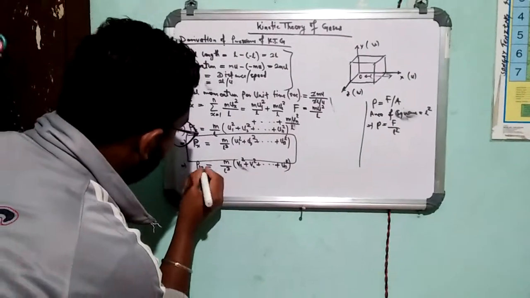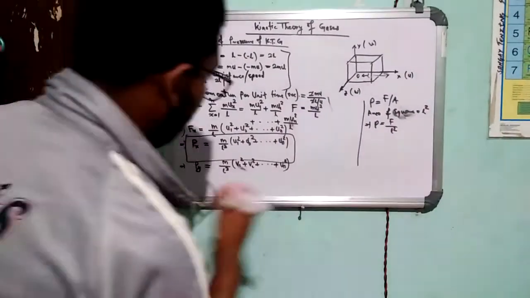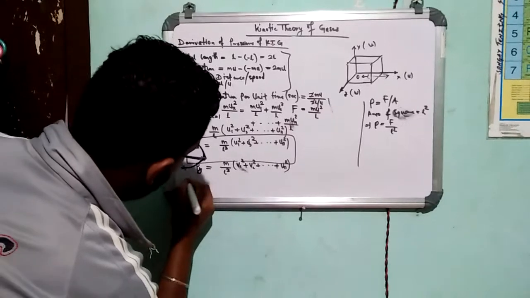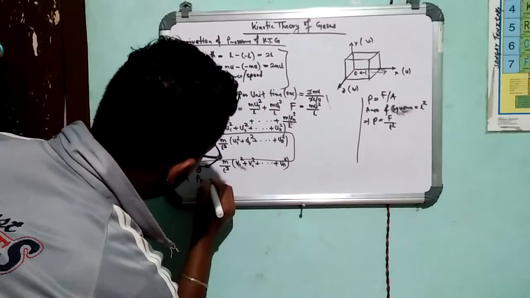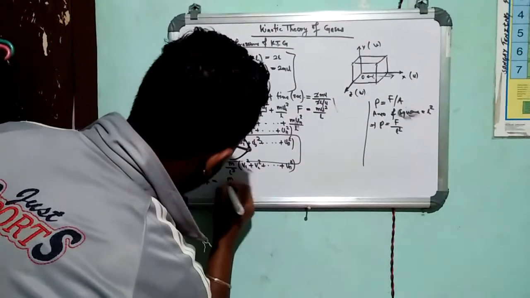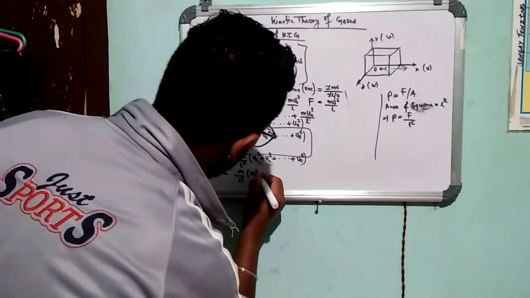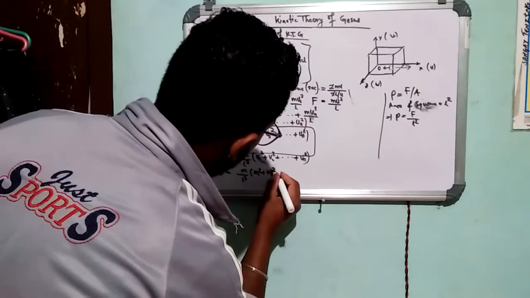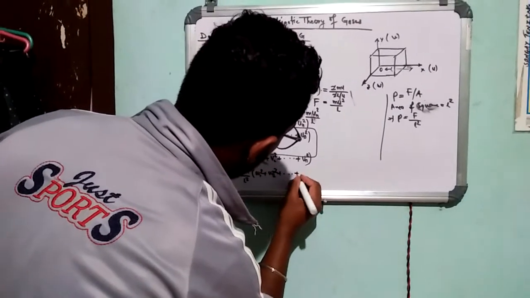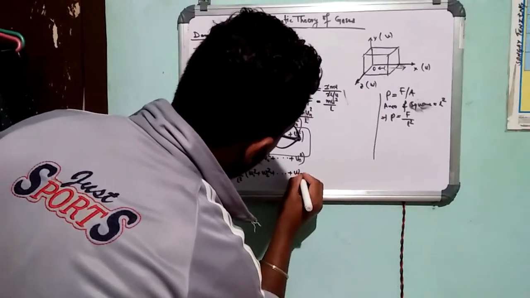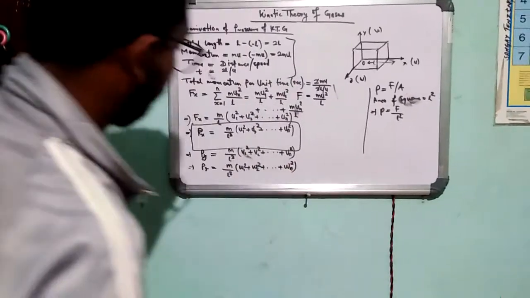And along the z-axis, the pressure is m by l cube, omega 1 square plus omega 2 square plus dot dot dot plus omega n square.